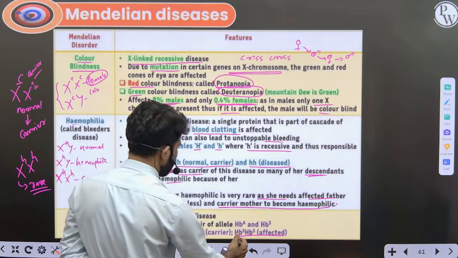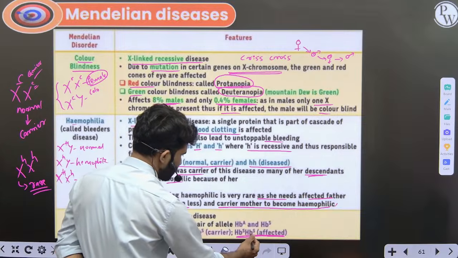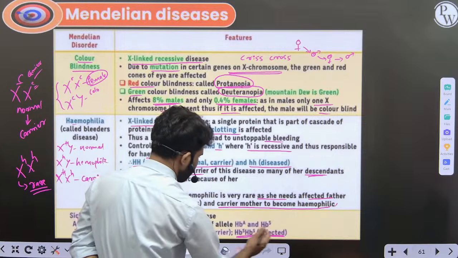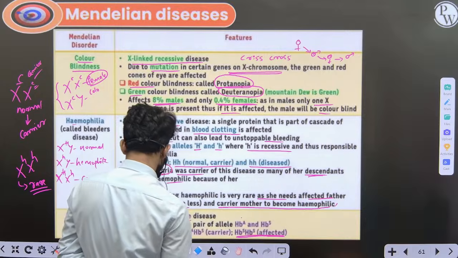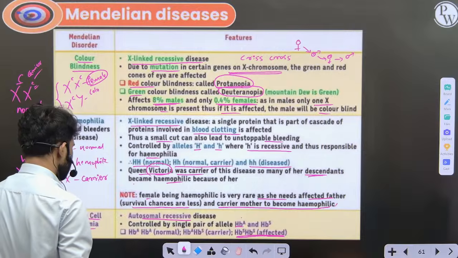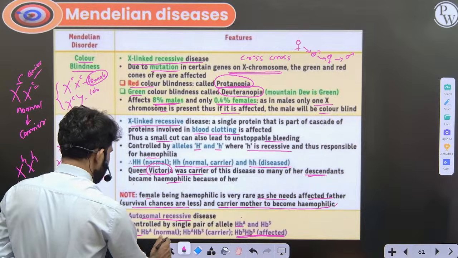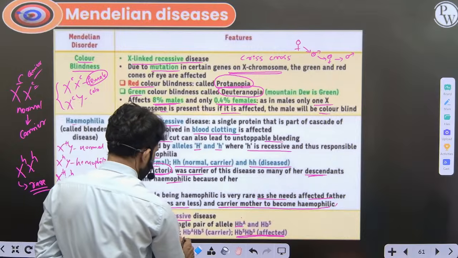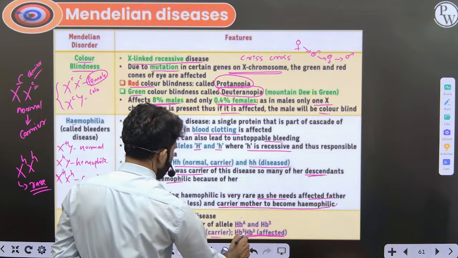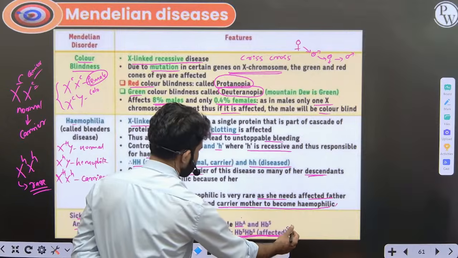HbA and HbS is a single pair of alleles, a heterozygous condition. HbA HbA is normal, HbA HbS is a carrier, and HbS HbS, both recessive, is definitely sickle cell.